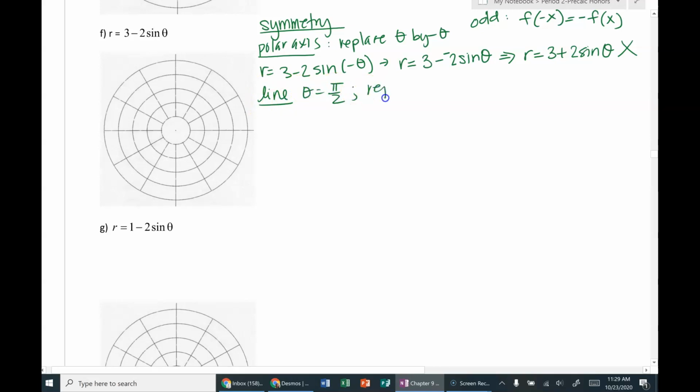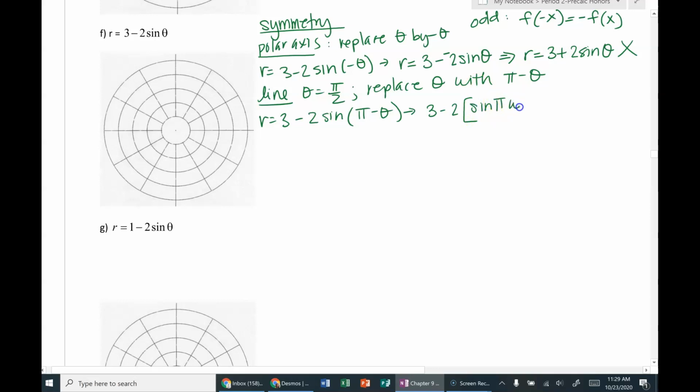The formula said replace theta with pi minus theta. Then let's rock and roll. r equals 3 minus 2 times sine of pi minus theta. We will use the sum and difference of sine. So 3 minus 2 quantity, we are going to spell it all out. Are you guys ready?